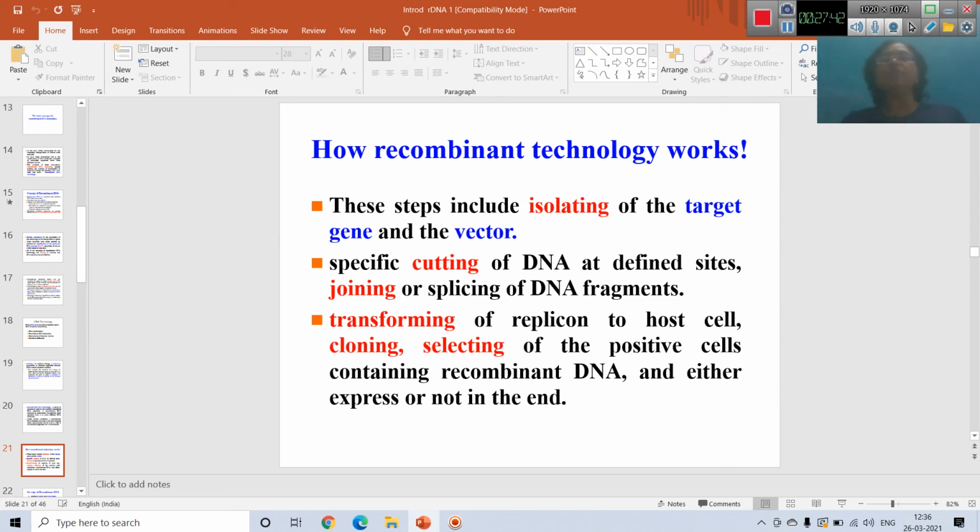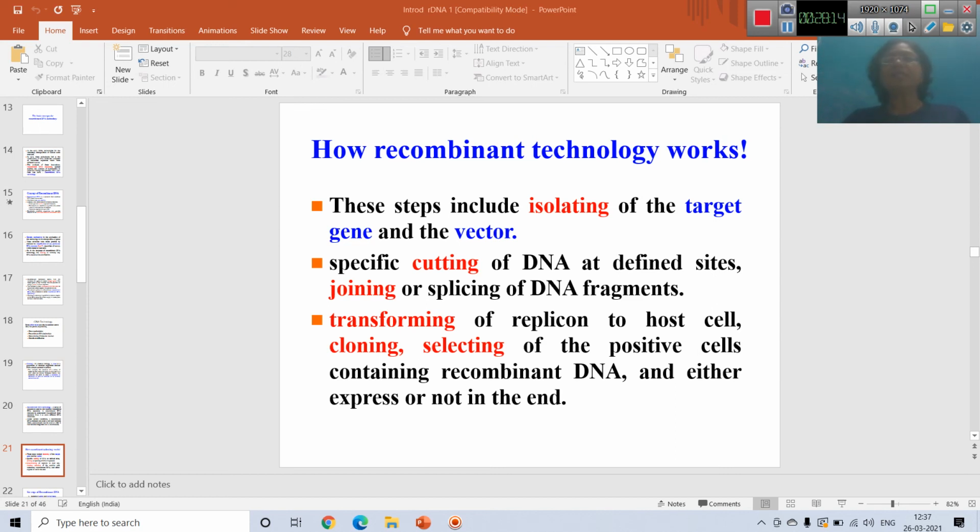Then how is the gene of interest spliced or joined into the vector? It is by specific cutting of DNA at defined sites, and then joining or splicing of the DNA fragments. Then you are transforming this recombinant DNA into a suitable host cell. It can be a bacterium, a yeast, or any cell line.